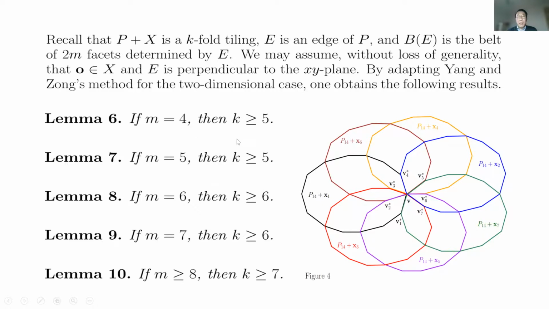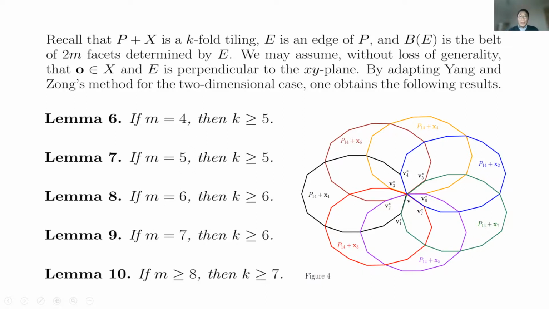This means if the multiplicity is less than 5, meaning 4, 3, or 2, then M has only 2 possibilities, 3 or 2. This means the projection is a parallelogram or a centrally symmetric hexagon.